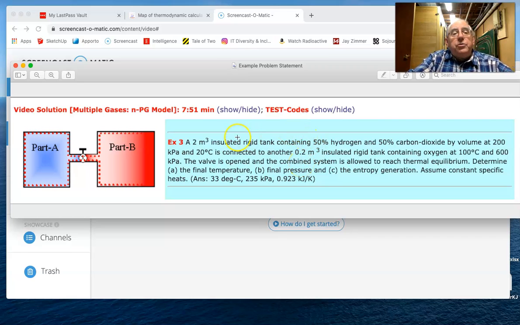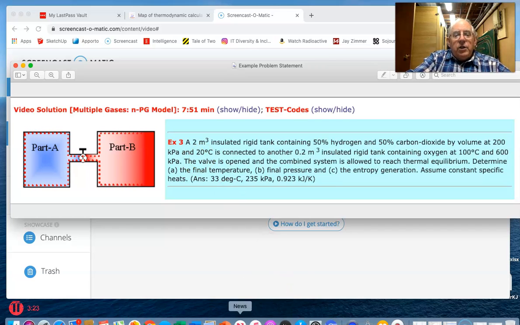This is actually part of TEST, and you can watch somebody else complete this particular problem, but I'm going to be doing that myself. Okay, so we have a closed system type of scenario, and so we will be looking at that.